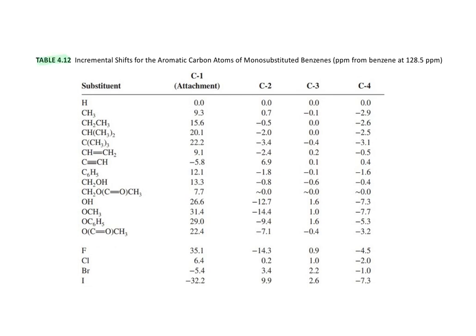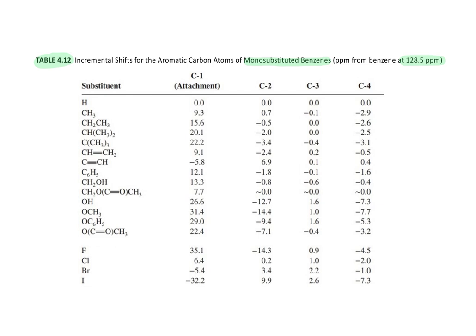Table 4.12 shows how substituents affect the chemical shifts of benzene compounds, starting with the baseline value for benzene at 128.5 parts per million. These are shown for monosubstituted benzenes.